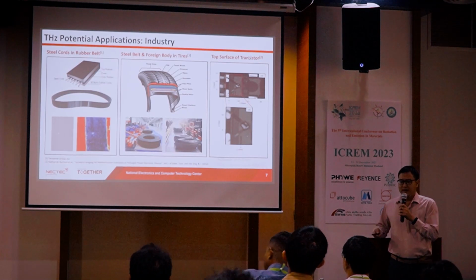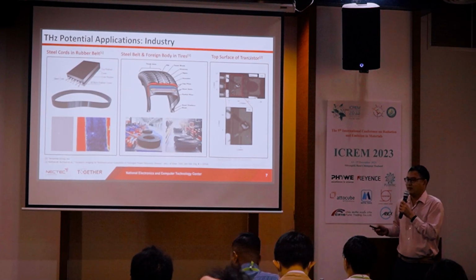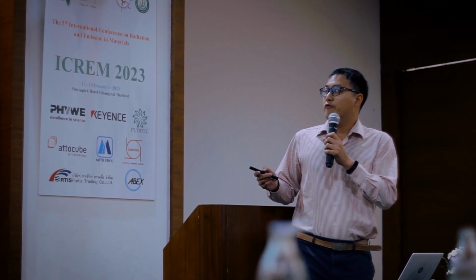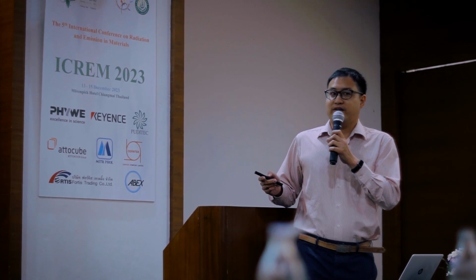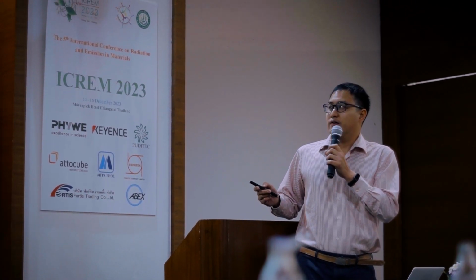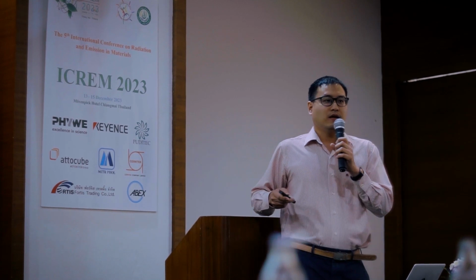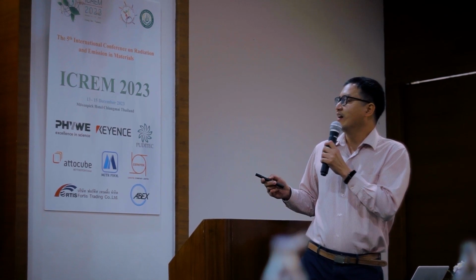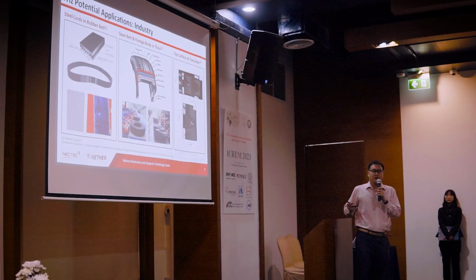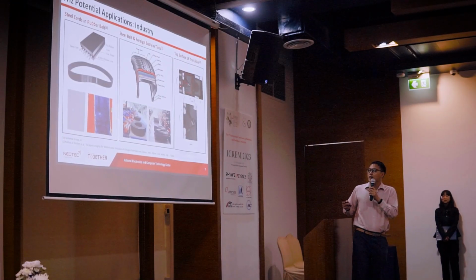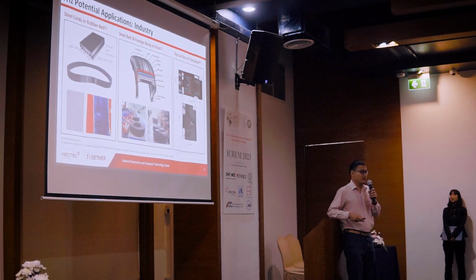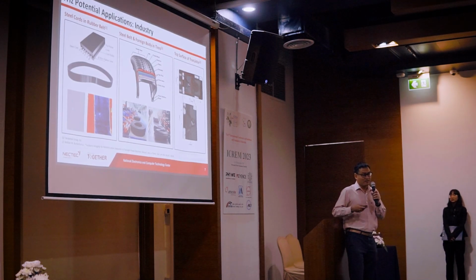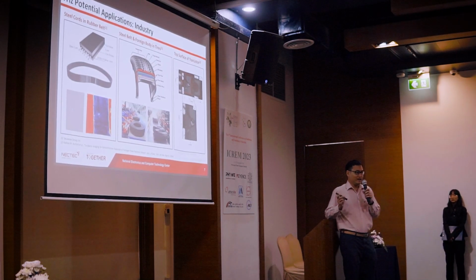In industrial applications, you can use terahertz signals to image internal structures, for example in a tire, where you can see whether the structure inside the tire is in good condition. You can also use terahertz instead of X-ray to image the internal structure within electronic components, because terahertz is also safer than X-ray for electronics.